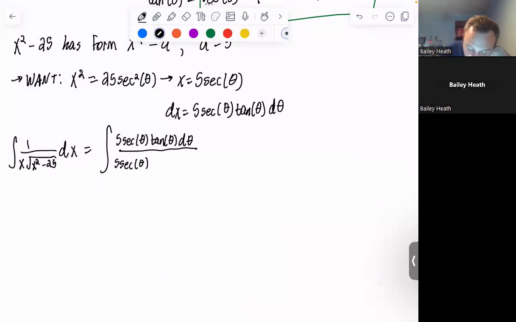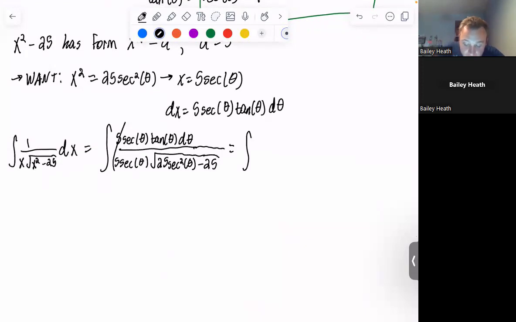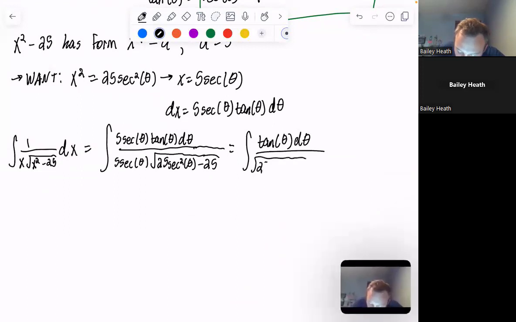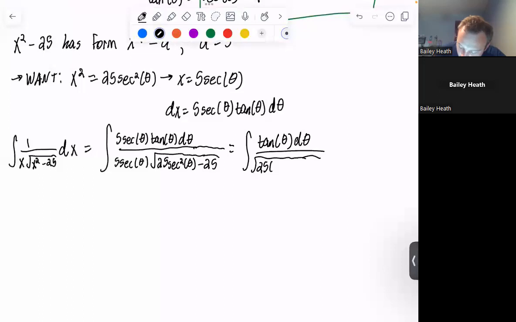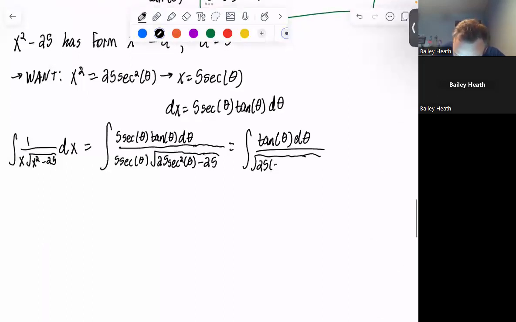And then this root x squared minus 25 becomes root 25 secant squared theta minus 25. So I've just done a substitution. Let's keep going. Now I can start to cancel some things. The 5s are going to cancel here, and so are the secant thetas. So I'm just going to get tangent theta d theta up top. And on the bottom here, I can factor a 25 out from both of these under the radical, and I get secant squared theta minus 1.